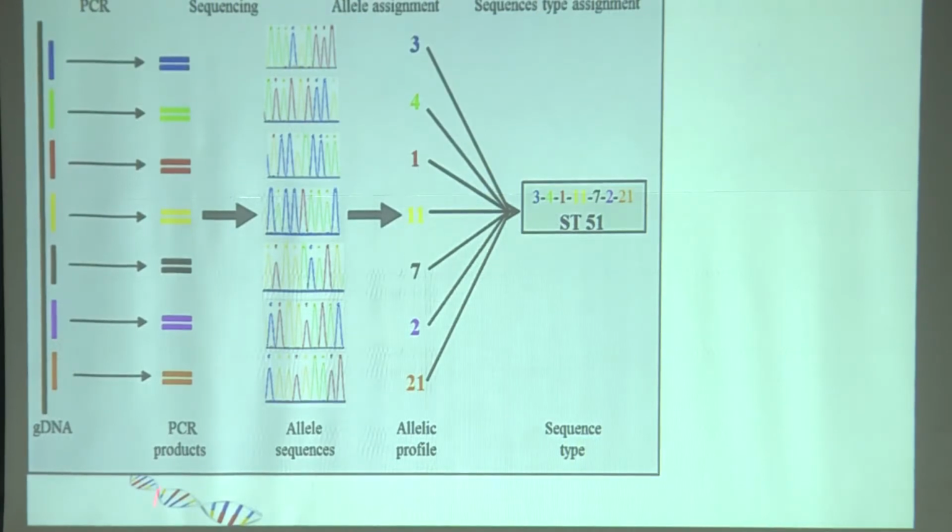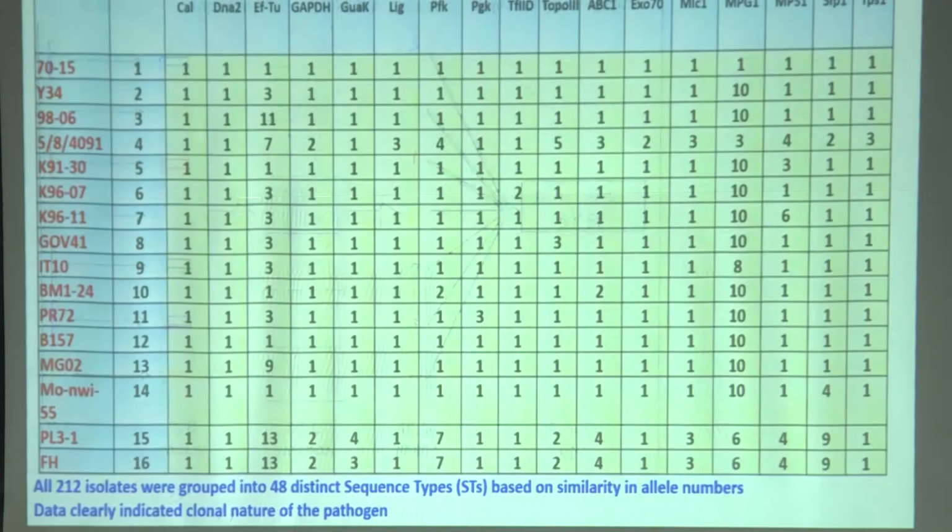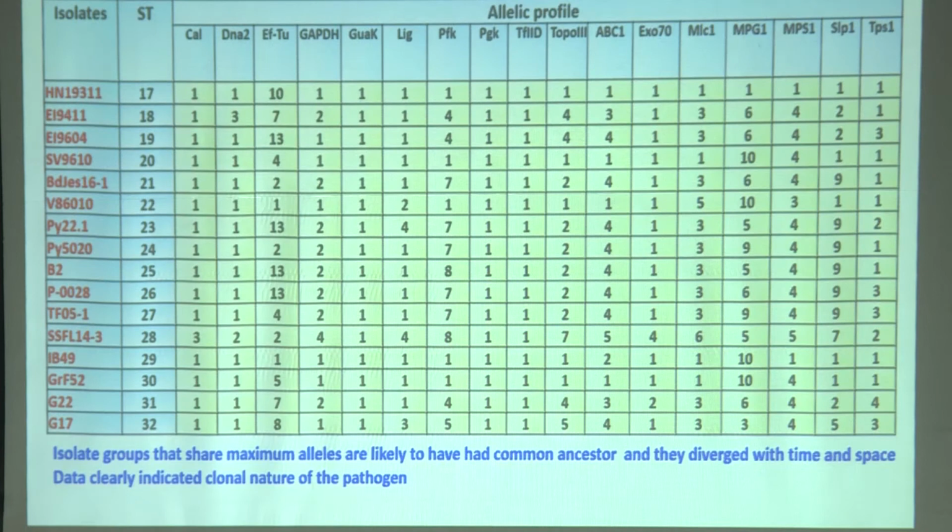You have genomic DNA, you have PCR products, allele sequences in trace files, and the allelic profile. Okay? Then this is what is called the sequence type. This is a matrix. It goes like this. This is the number of entries.